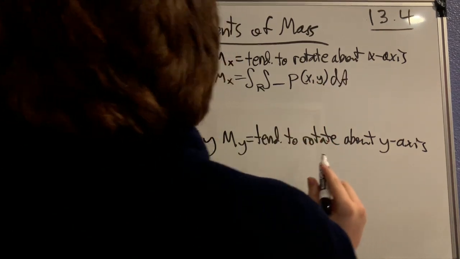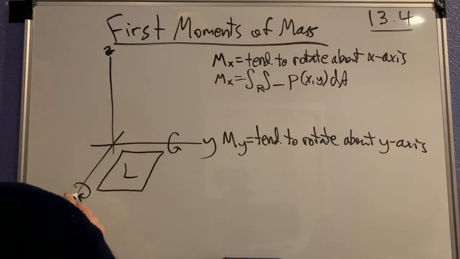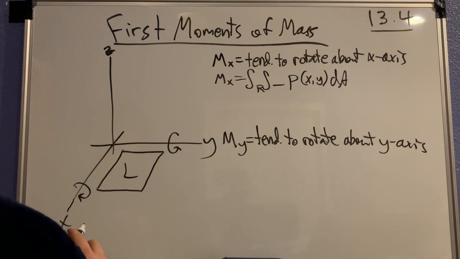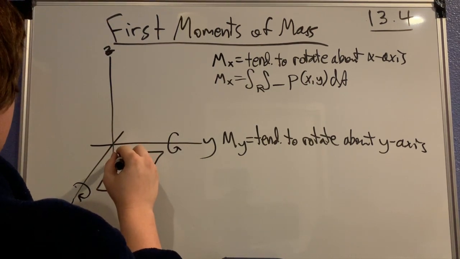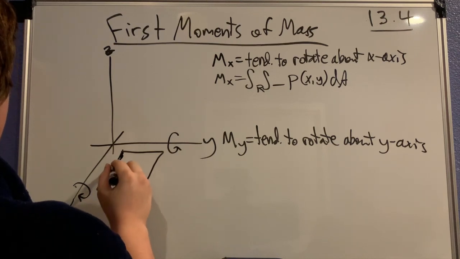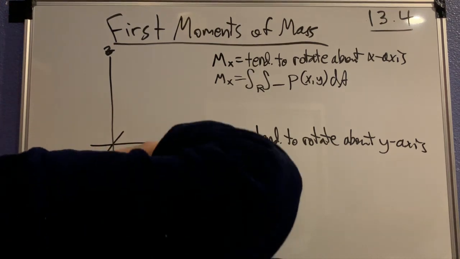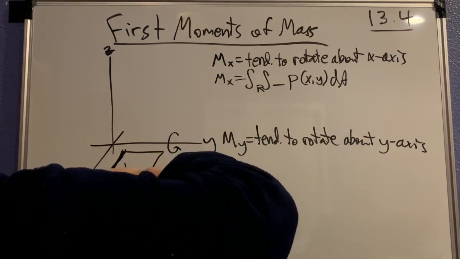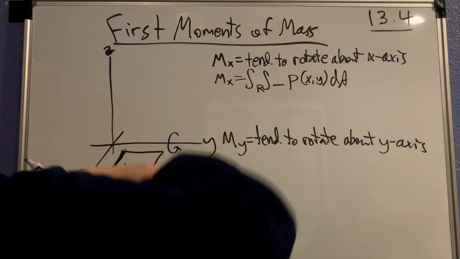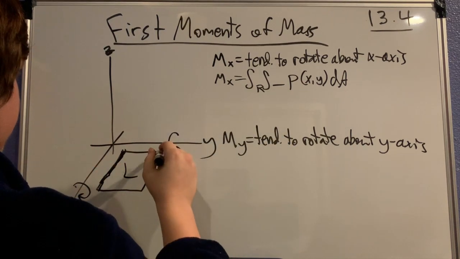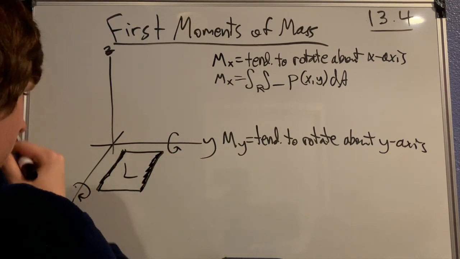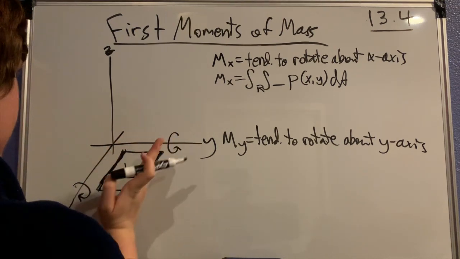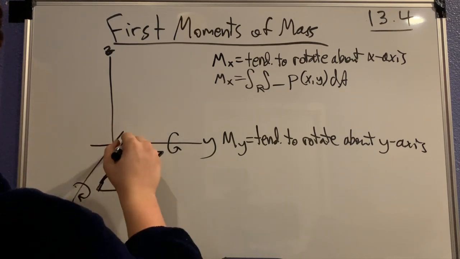Now, the tendency to rotate about the x-axis, if you think about it, if most of the mass is concentrated here, it will be a lot harder for this lamina, or this region, to rotate about the x-axis than if the mass was concentrated right here. Now, if you think about it, what are these little slivers? Well, they're y values.